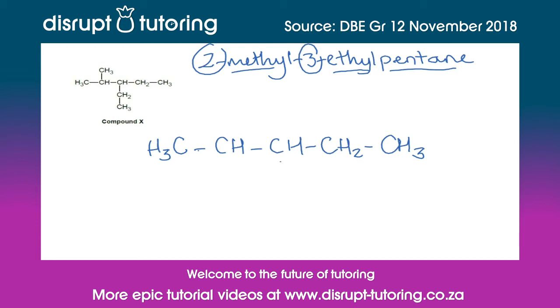So it turns out that there's only one place we can move the methyl chain. So the ethyl chain stays where it is, CH2, CH3, and then the methyl chain moves to the middle carbon, CH3, and then it becomes a 3-methyl-3-ethylpentane.